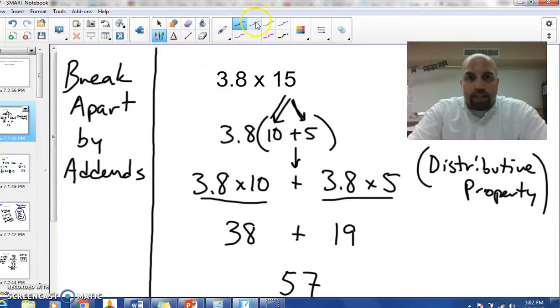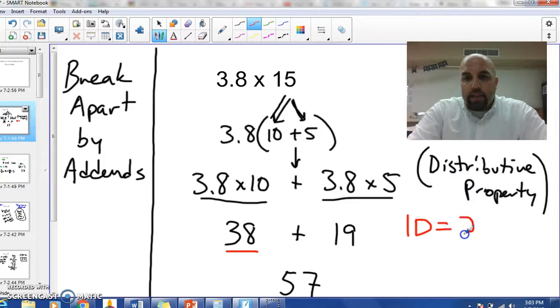So if that's what I'm doing, then 3 and 8/10 times 10, that's pretty easy. I know that's 38, right? Because when you multiply it times 10, you're really just moving the decimal one place. So here we go. I've got 38. But then I have 3 and 8/10 times 5, and that might give me some trouble, except I know that 10 is 2 times 5.